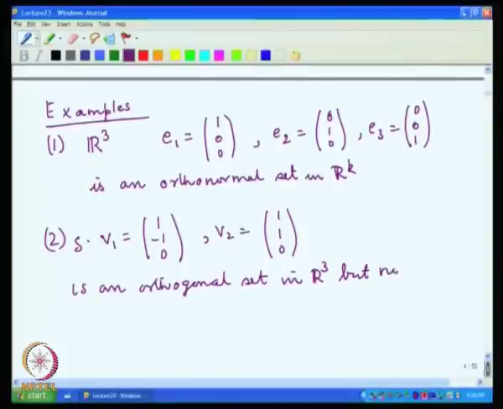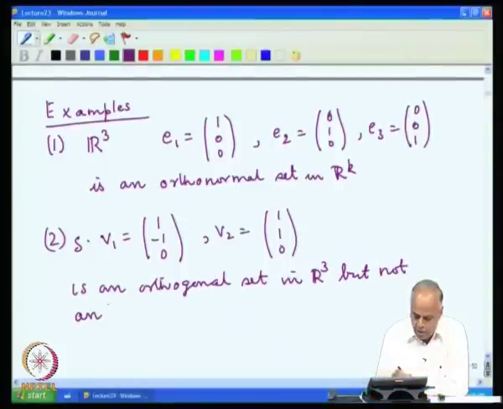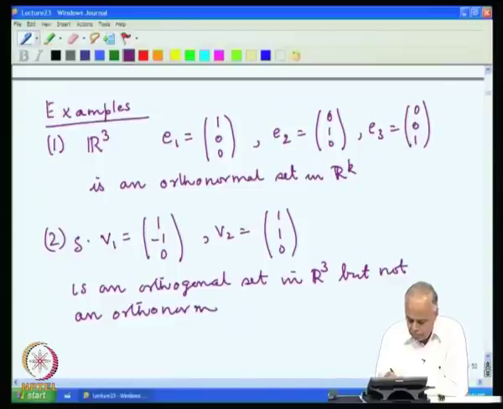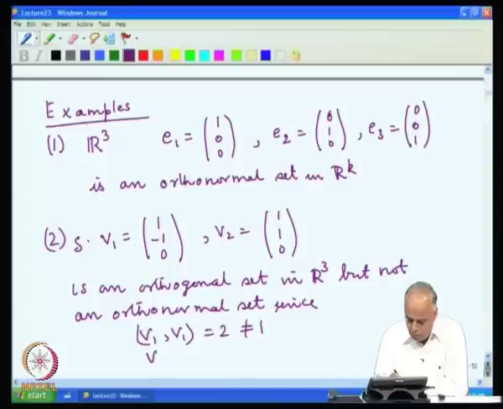The length of v_1 is square root of 2 and the length of v_2 is also square root of 2. So it is not an orthonormal set, since the squared length of v_1 is 2, not equal to 1, and of v_2 is 2, not equal to 1.